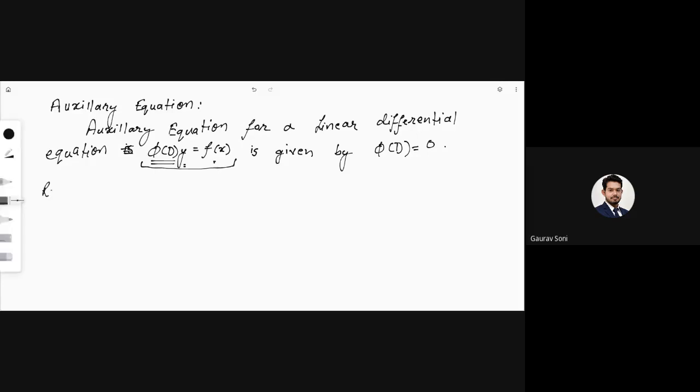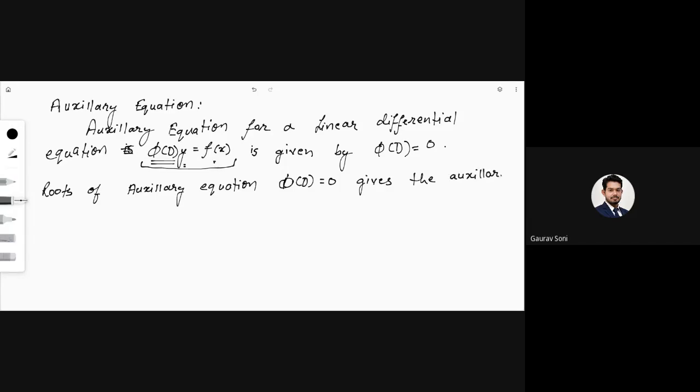Now the roots of the auxiliary equation phi of D is equal to 0 give the auxiliary solution.